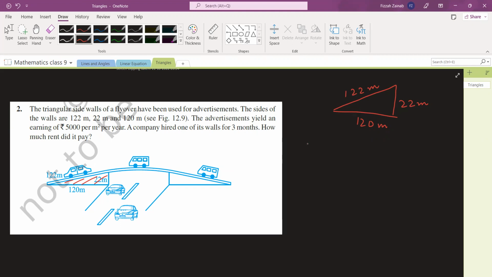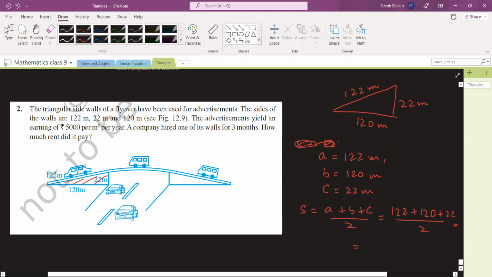Yes. So let us find the semi perimeter. The sides are: a is equal to 122 meters, b is 122 meters, and c is 22 meters. So the semi perimeter is (a plus b plus c) divided by 2, right? So (122 plus 120 plus 22) divided by 2 meters.